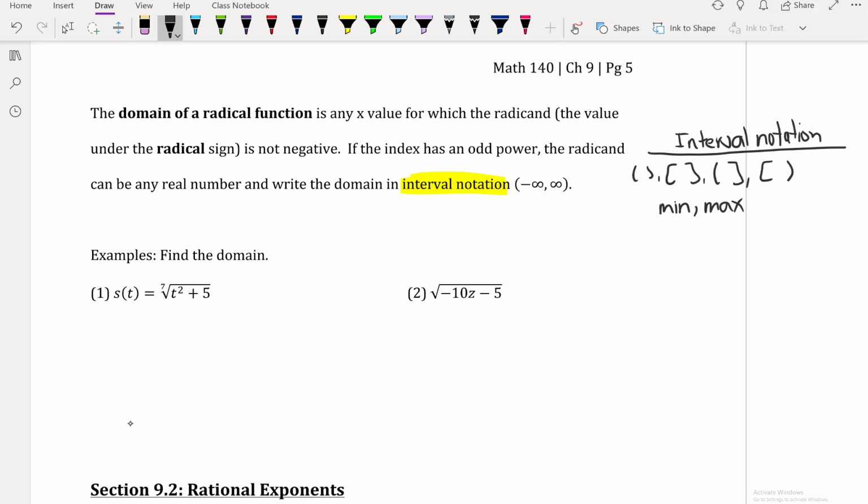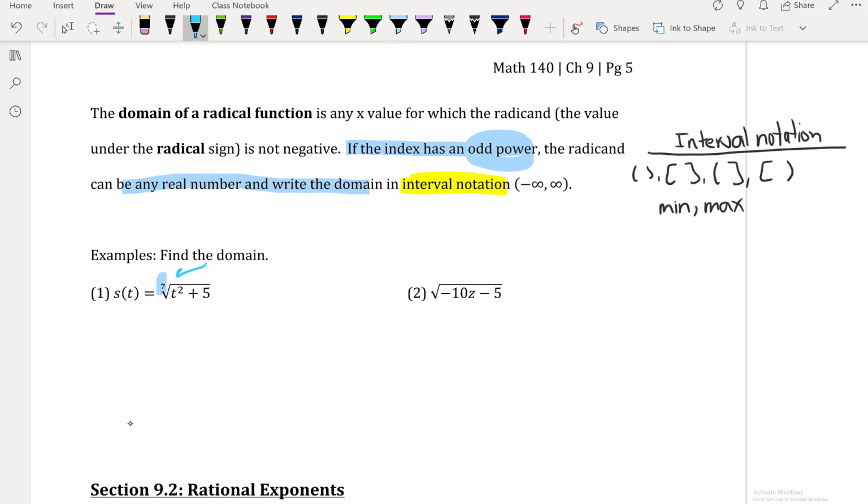Okay, so the thing that's kind of tricky about this, not tricky, but an interesting thing here, is that if the index is an odd power, the radicand can be any real number. So if it's an odd power, it's always going to be -infinity to infinity. So let's think about this. It's asking us for the domain, so let's look at the index.